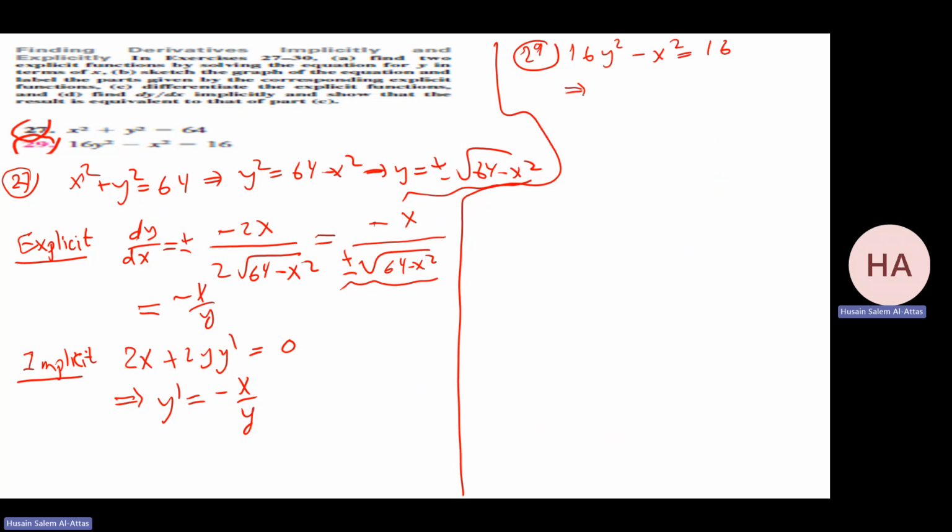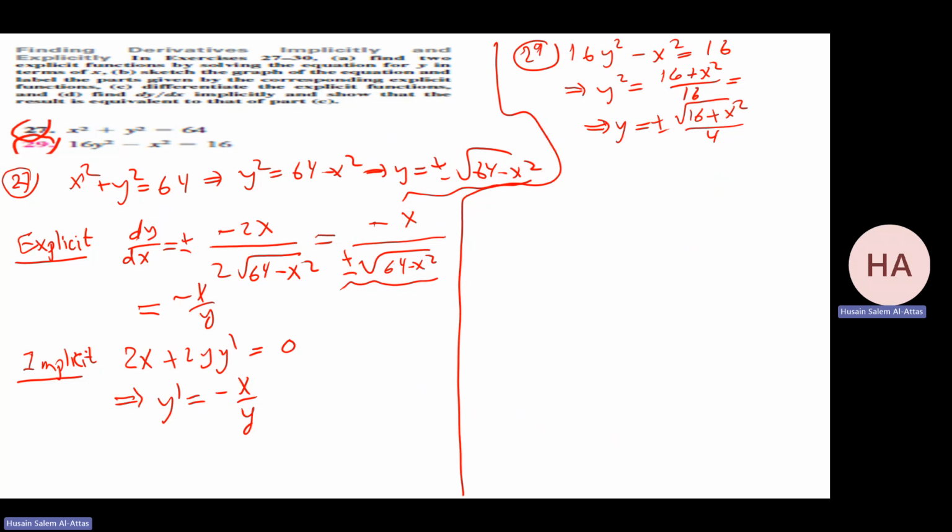So it means y squared equals what? 16 plus x squared over 16, which is 1 plus, or you can leave it like this. So y equals plus or minus the square root of 16 plus x squared over 4. Okay.